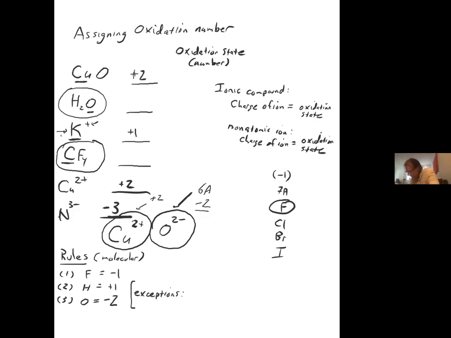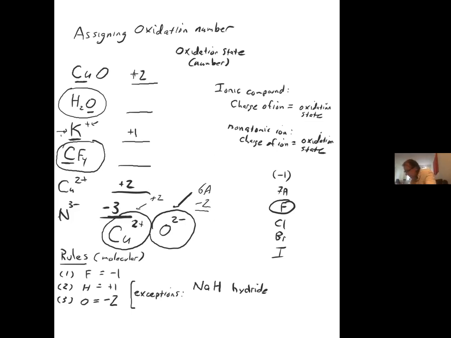So the first exception is for hydrogen. If you have a metal bonded to a hydrogen, so if you see the hydrogen in this order, a metal then hydrogen, which you're not going to see very often, this is called a hydride. So a metal with hydrogen is called a hydride.